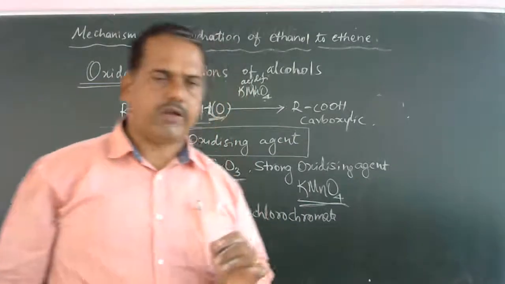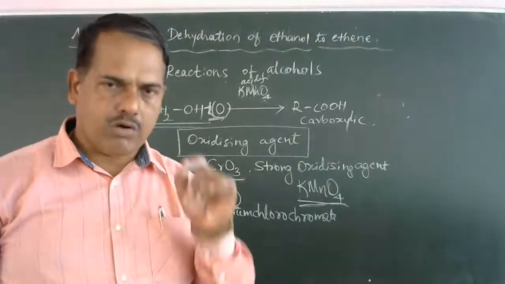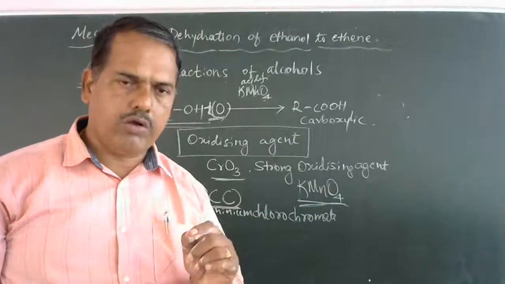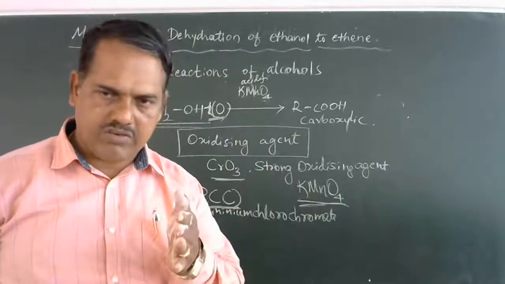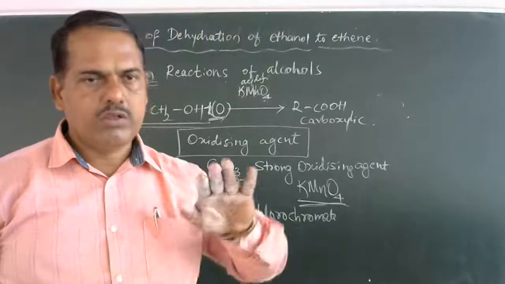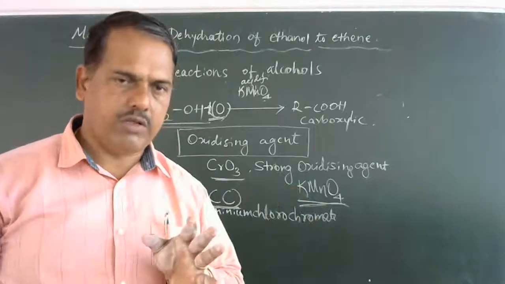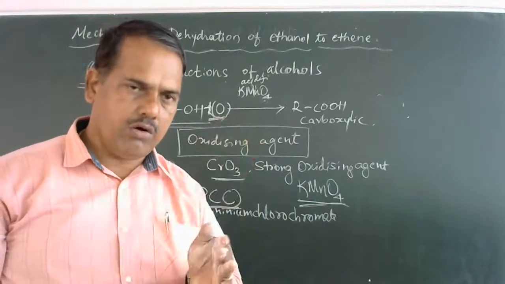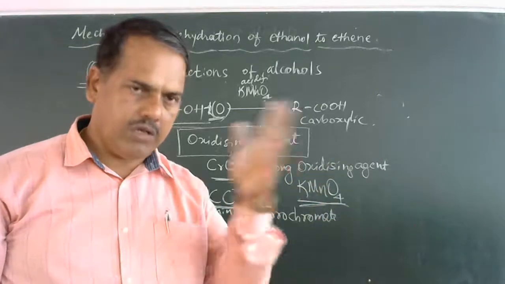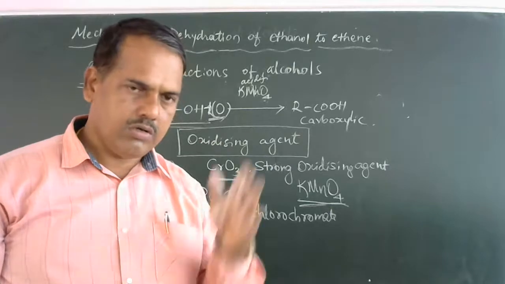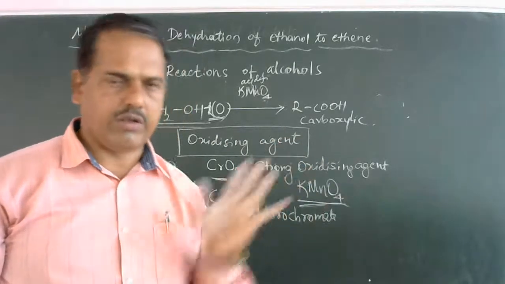In oxidation reactions, dehydrogenation takes place. We use two types of oxidizing agent: one is a mild oxidizing agent, another is a strong oxidizing agent. With a mild oxidizing agent, the alcohol is converted into an aldehyde. With a strong oxidizing agent, the alcohol is converted into carboxylic acid.